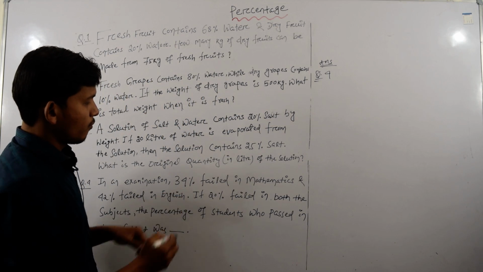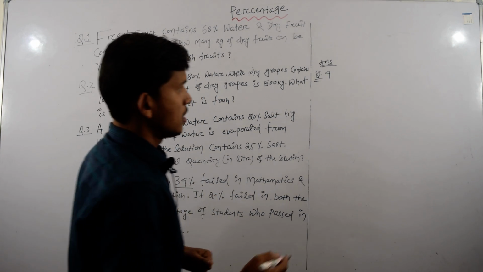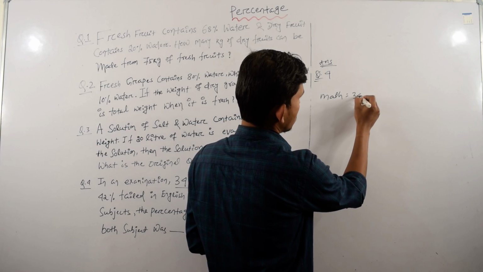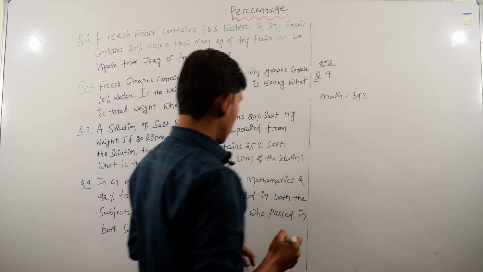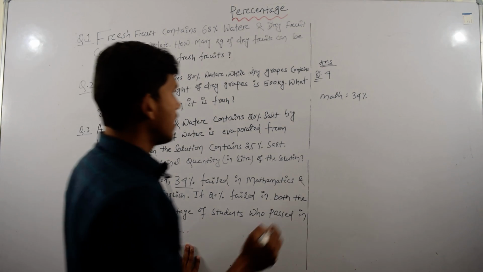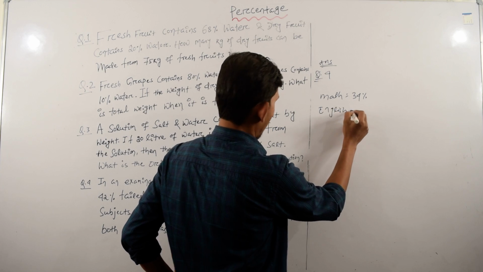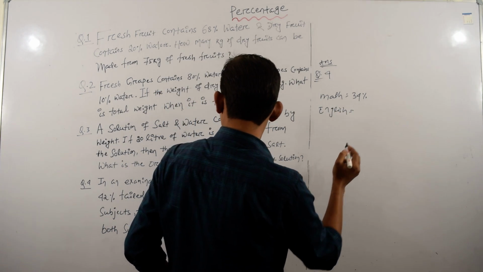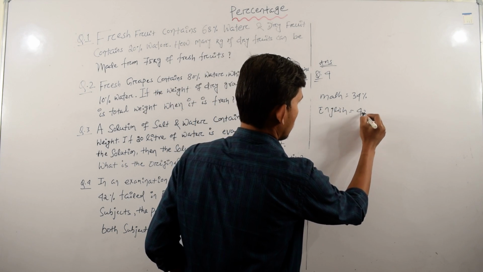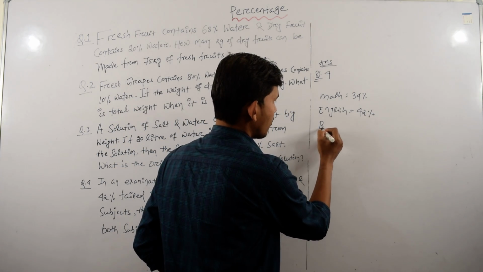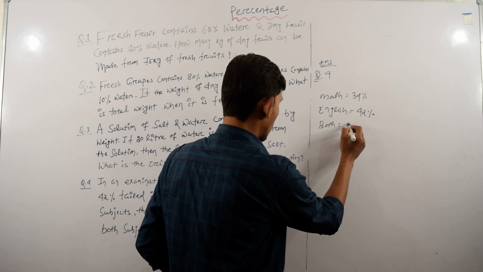The 34% failed in mathematics. Then in English 42% failed. In both the subjects, 20% failed.